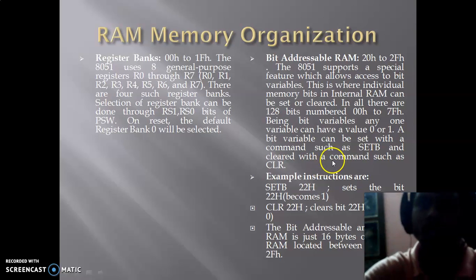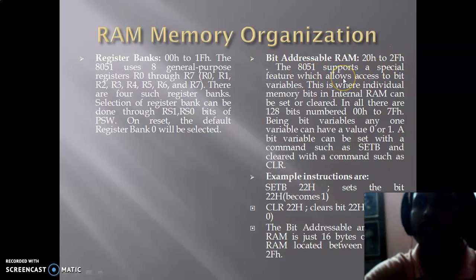So in the register banks, I already discussed 00H to 1FH, where we have 8 general purpose registers for each bank, selected using RS0 and RS1. The bit addressable RAM is 20H to 2FH.